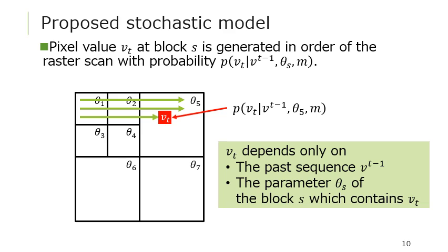After that, pixel value v_t at block s is generated in order of the raster scan with probability like this. In other words, v_t depends only on the past sequence v^(t-1) and the parameter theta s of the block s, which contains v_t.